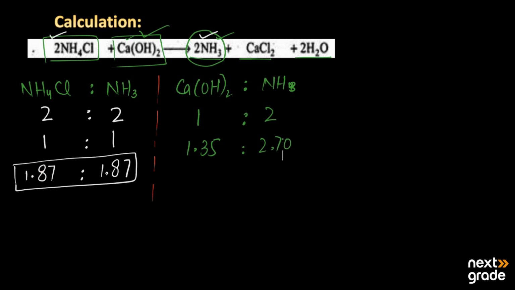So now we have the number of moles of ammonia produced from 100 grams of each reactant. The 1.87 moles of ammonia is less.